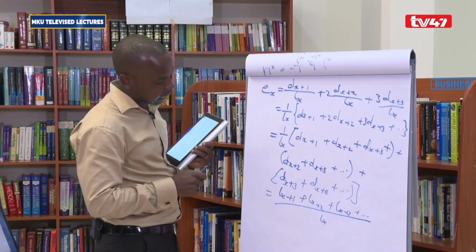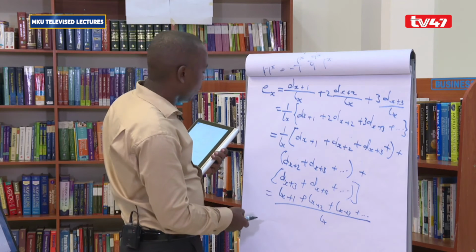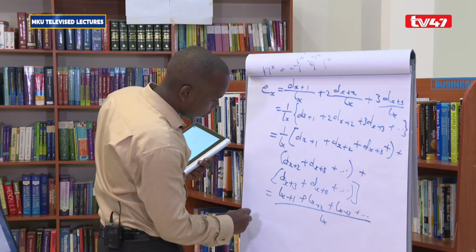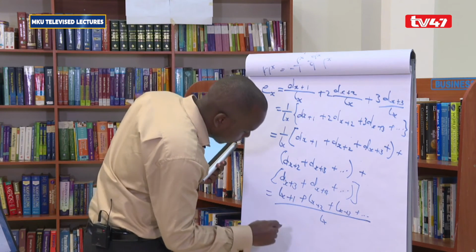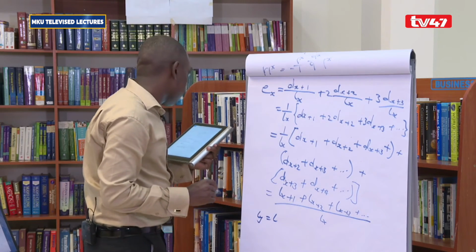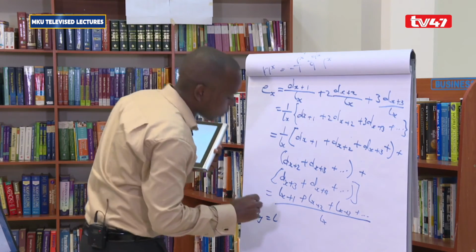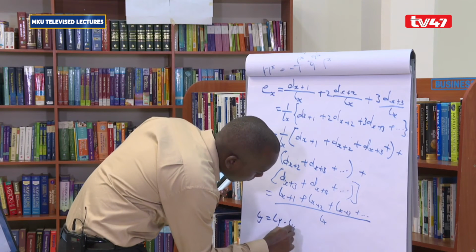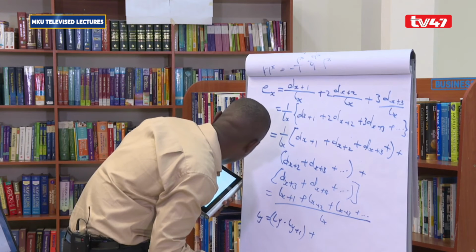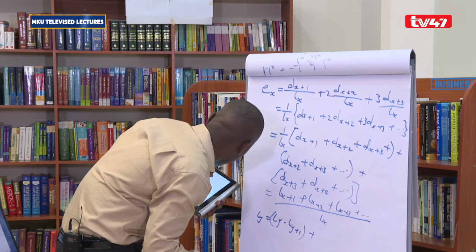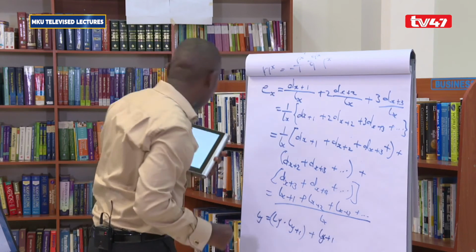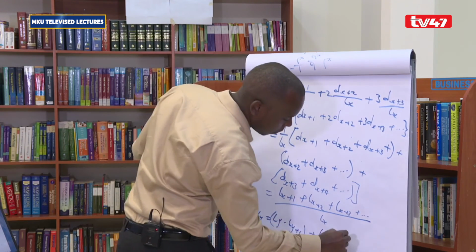But maybe someone can ask, how did we arrive at this? So we know that Ly can be given by Ly minus Ly plus 1, plus Ly plus 1 minus Ly plus 2.